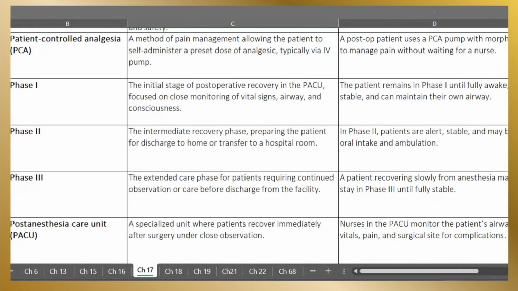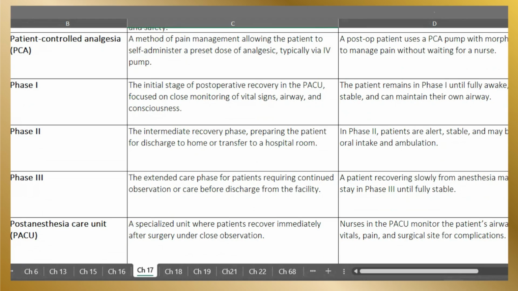Phase 2 is the intermediate recovery phase, preparing the patient for discharge to home or transfer to a hospital room. So in Phase 2, patients are alert, stable, and may begin oral intake and ambulation. Oral intake is clear liquids.